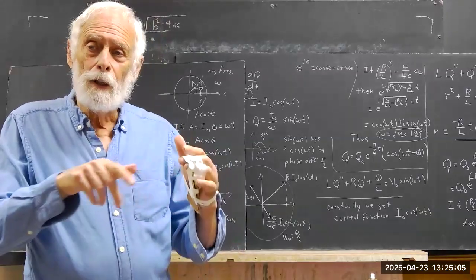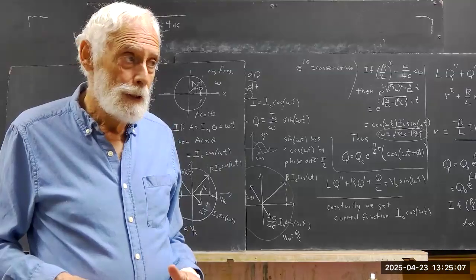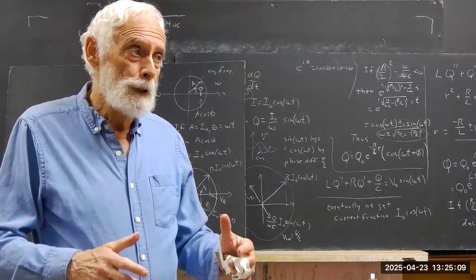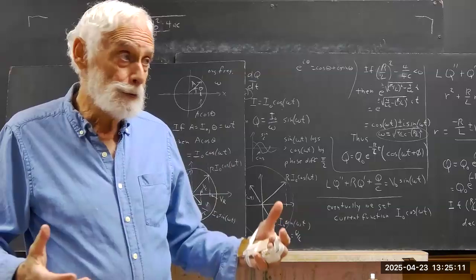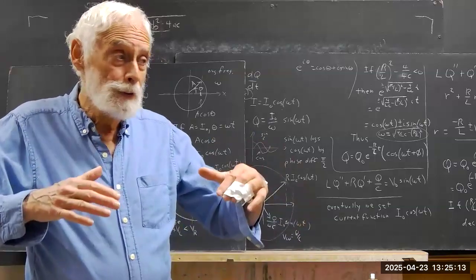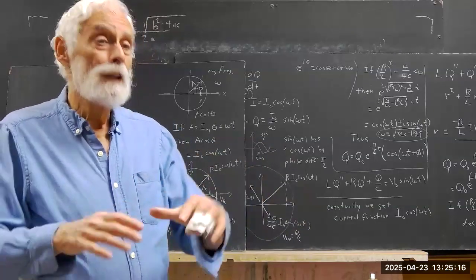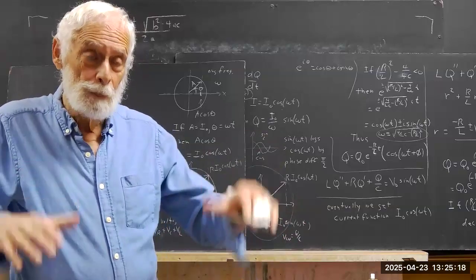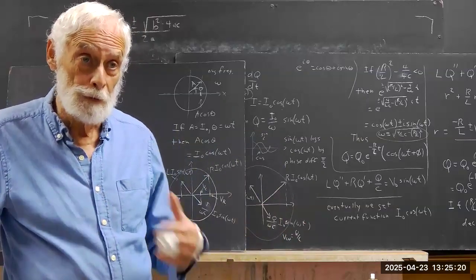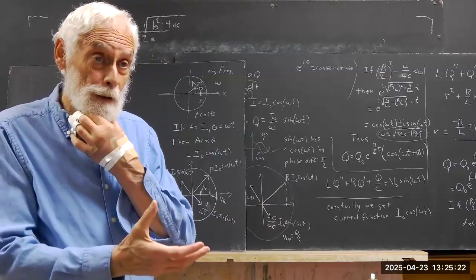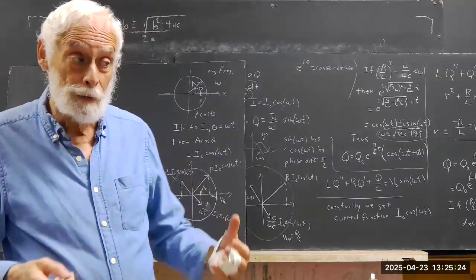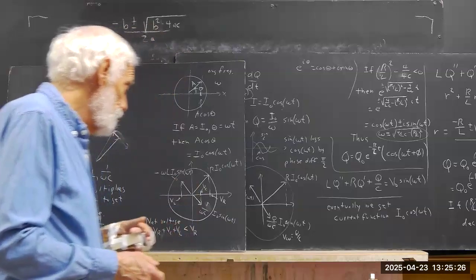A fast alternating current isn't going to have time to build up a lot of charge on the capacitor and suppress your current, because every charge you build up in the capacitor suppresses the current that you get from your voltage. Do we understand that? That's something you've experienced.